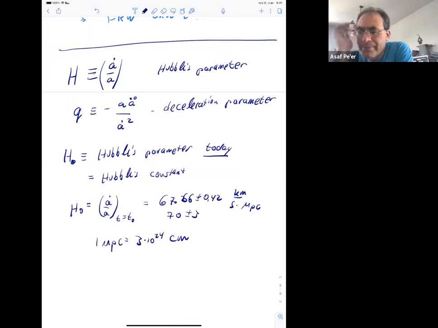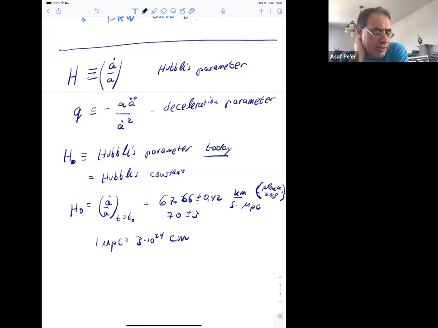Now this measure that I quote is from the Planck data release. The last data released of the Planck satellite was back in 2018. I think that last week they released some update, but I haven't followed exactly if they made any change. I don't think they have. But that's roughly the value, something like 70, slightly less than 70.